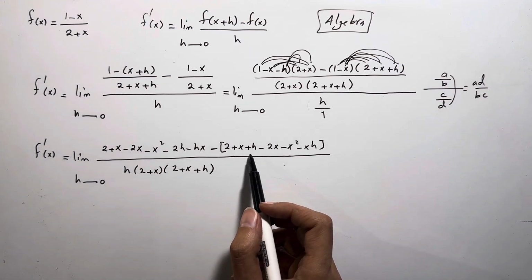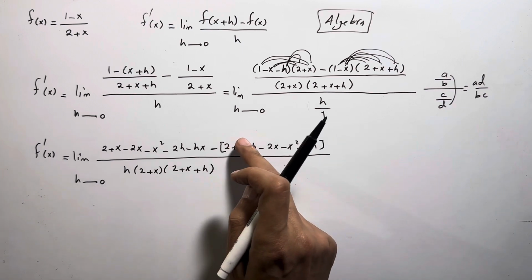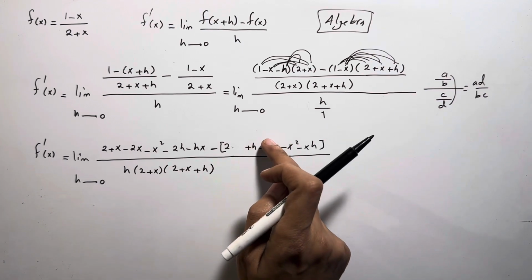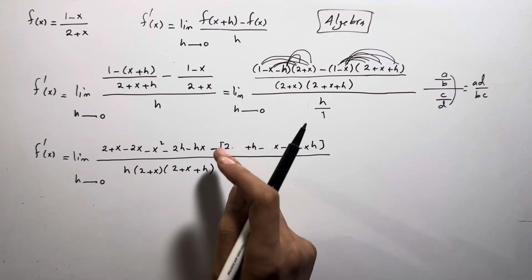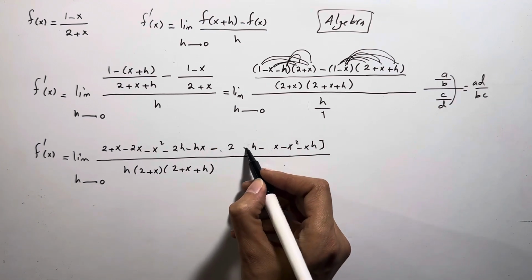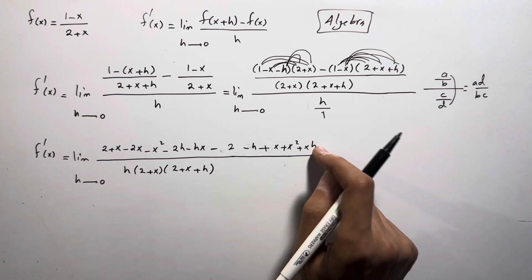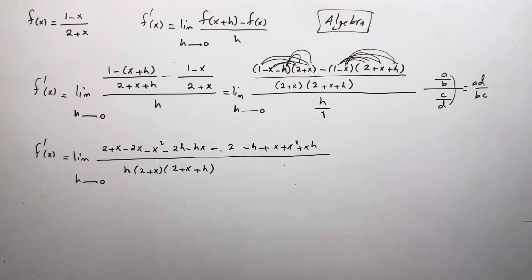Perfect. So let's see. We can simplify this a little bit. You have negative 2x and x, which becomes minus x. Then distribute this negative sign. You get negative 2 minus h plus x squared plus x times h, and try to simplify as much as you can.